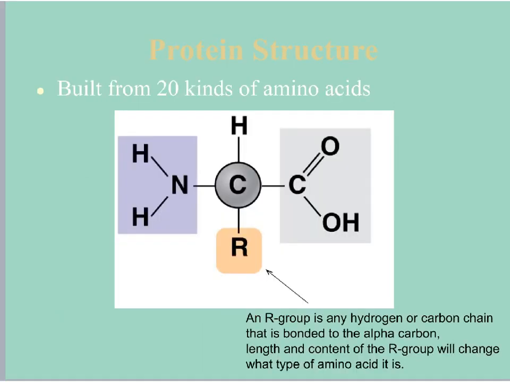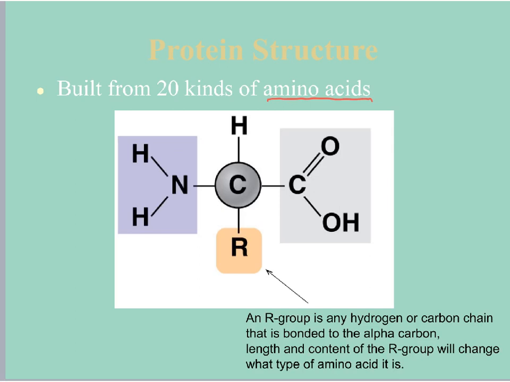Let's look at the basic structure of proteins. Now, if we look at this picture right here, this is a really generic amino acid. Amino acids are what come together to make proteins. Proteins are usually made up of hundreds to thousands of amino acids.